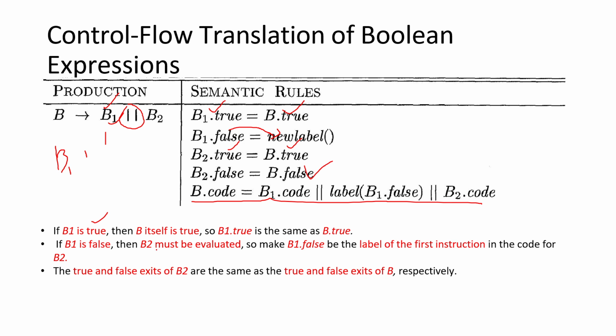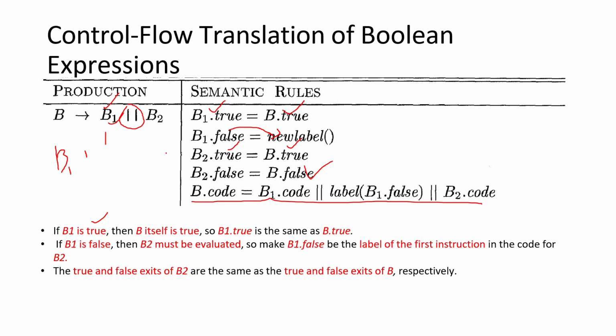If B1 is false, then B2 must be evaluated, so make B1.false the label of the first instruction in the code for B2. The true and false exits of B2 are the same as the true and false exits of B respectively. So this is about the OR statement.